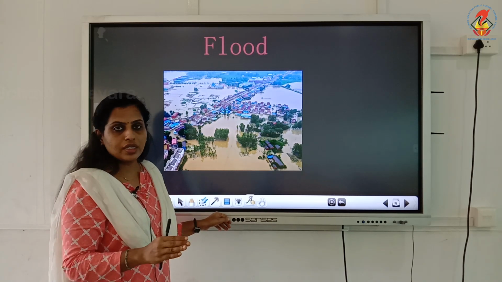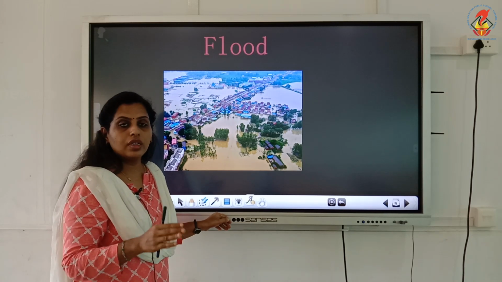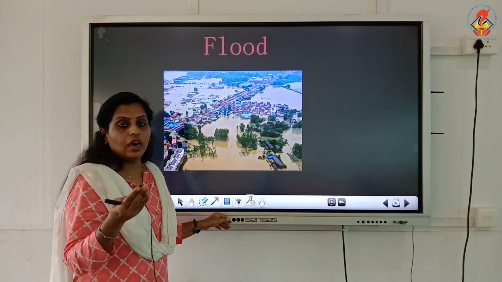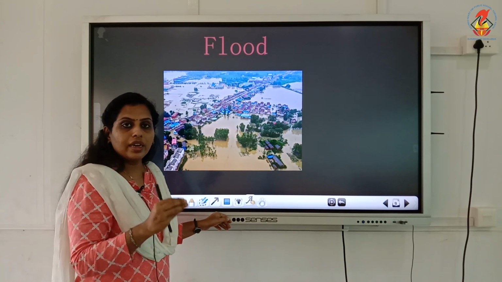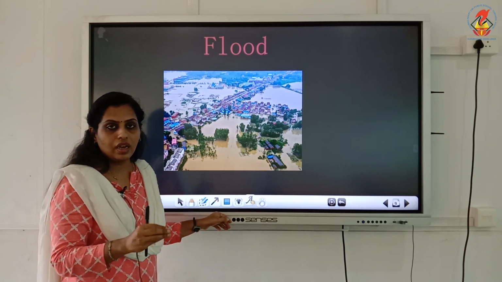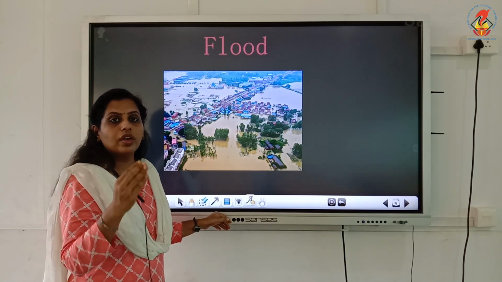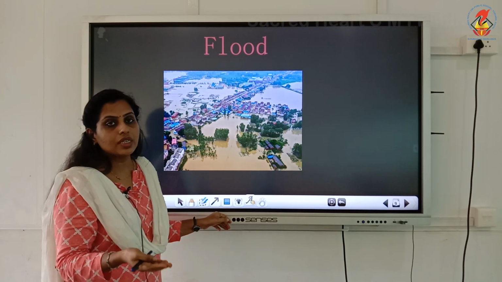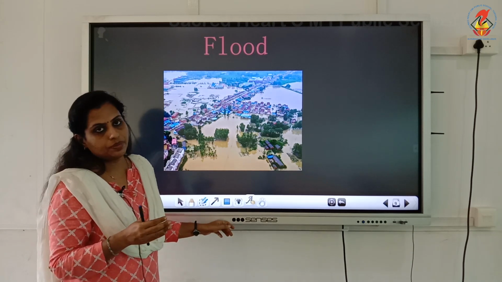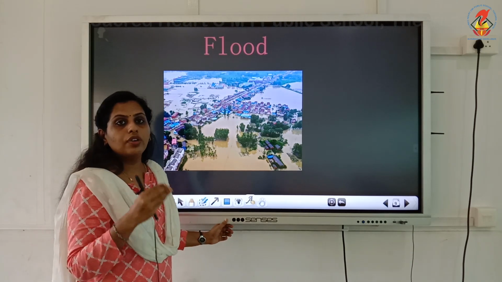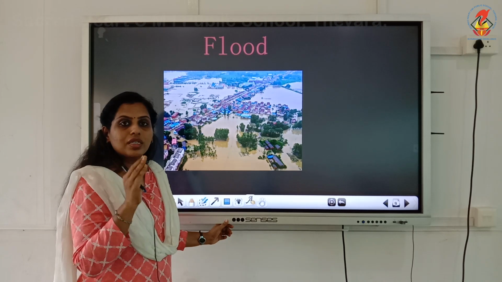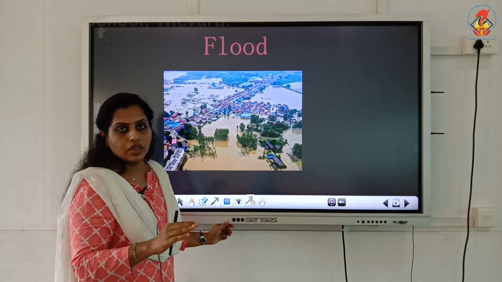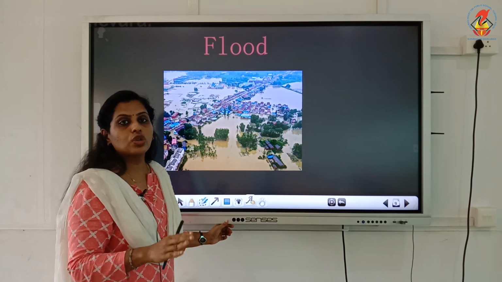If it is a dry season, what will happen to the river? The river will remain dry. There will not be any rising of water. But when there is a wet season, when there is rain, the level of the river rises up and the river overflows, and that leads to flood. Flood means overflow of river water which submerges, meaning immerses, a land which is usually dry.